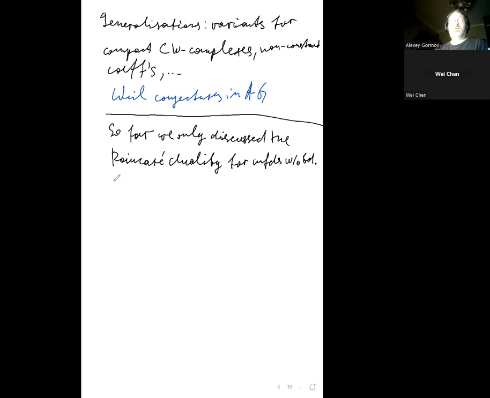Now, suppose M is a manifold with boundary.